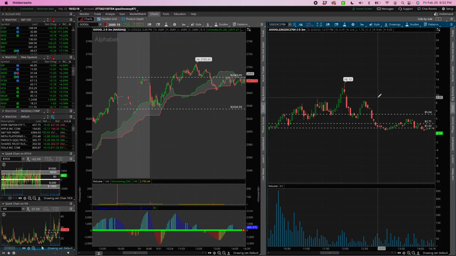So for me, I think more times than not, it's probably better to take this big initial move, and then if you want to leave a runner, be comfortable with it, however much you're comfortable losing.